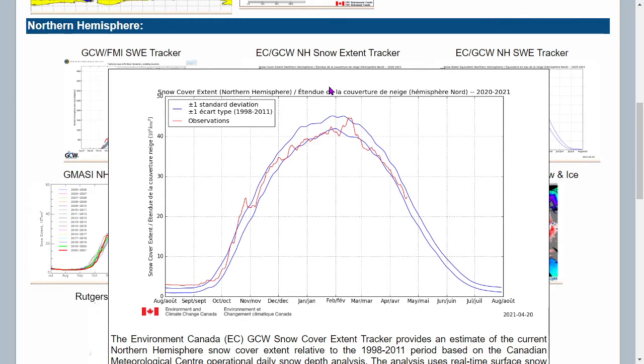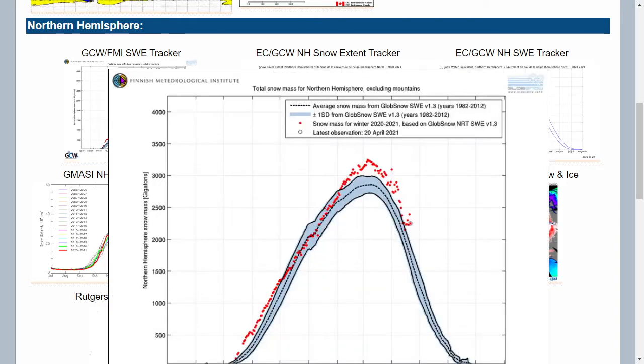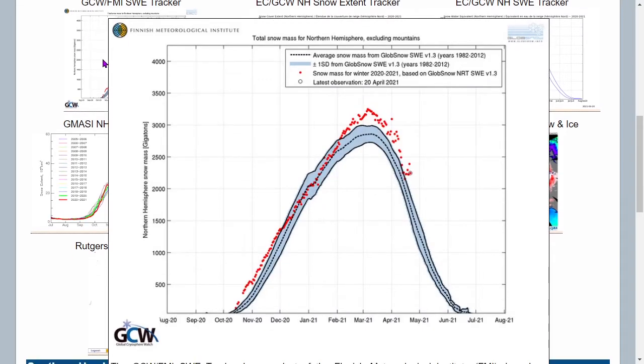It's pretty much been in the 1 standard deviation range basically the whole time, except during late October. Next, let's look at the snow mass. The 2020 to 2021 winter was the 4th winter which featured at some point 2 standard deviations above normal snow mass balance.